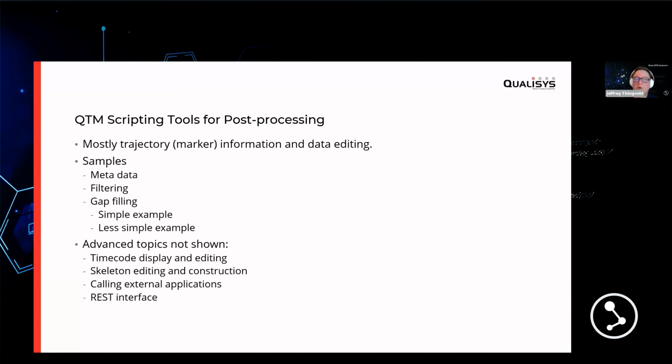And then something that's really powerful and something that we're expanding upon a great deal is the skeleton editing and the construction tools, so that we'll have a great deal more flexibility in using different marker sets, different marker arrangements, constructing skeletons from them directly, and so on. And then calling external applications in particular use through the REST interface. There are more advanced tools that you can use where you might use a standalone Python script to interact with QTM. And so there's a great deal of possibility there as well.